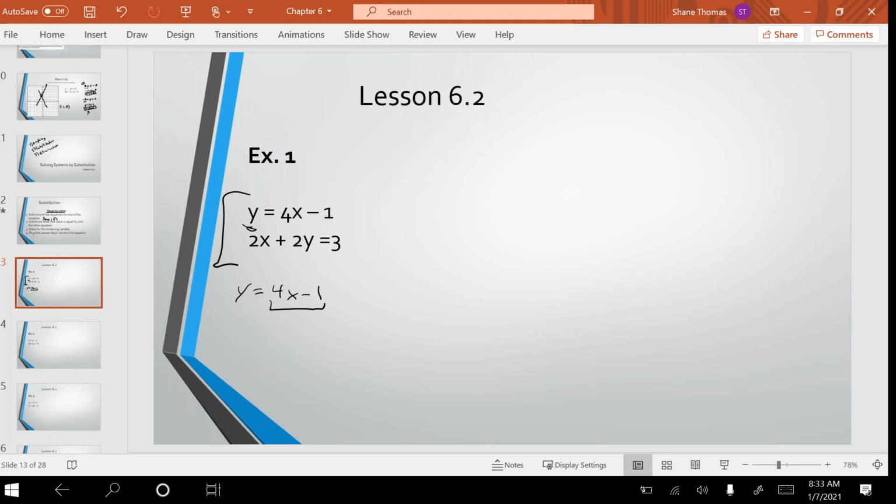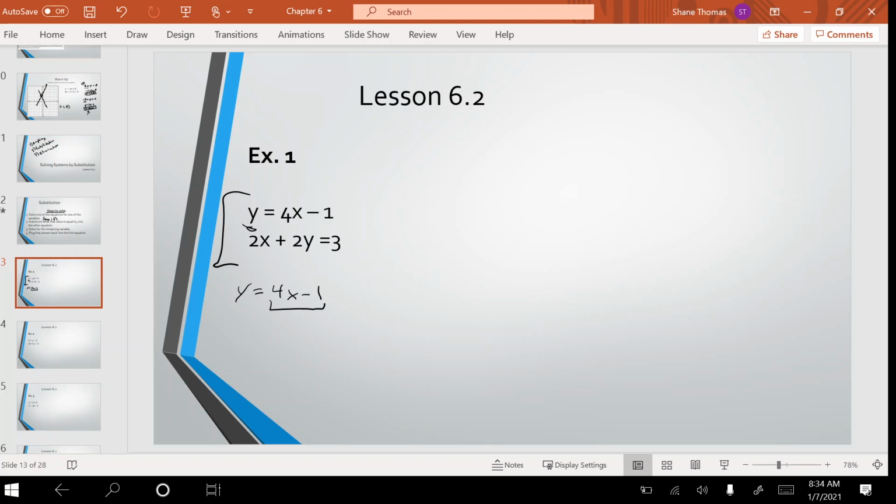You took a 3, plugged it in for x, and you put the 4, plugged it in for y. We just substitute those values back in. Now, if I know that y is equal to 4x minus 1, I can plug that in for y. We have only plugged in numbers if it was a single number. I can plug in whatever it's equal to. Y is still equal to that.